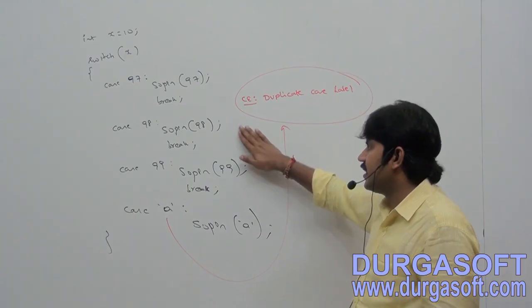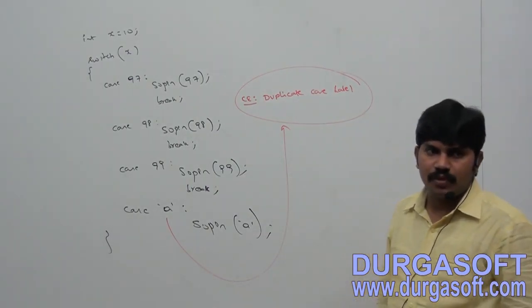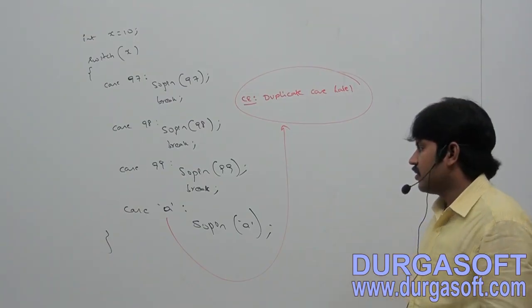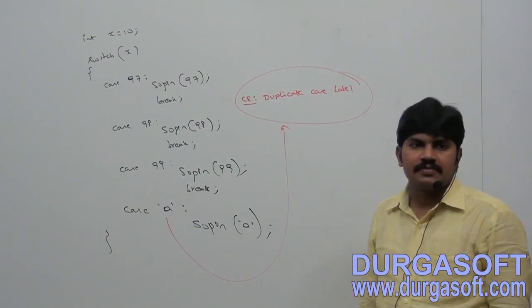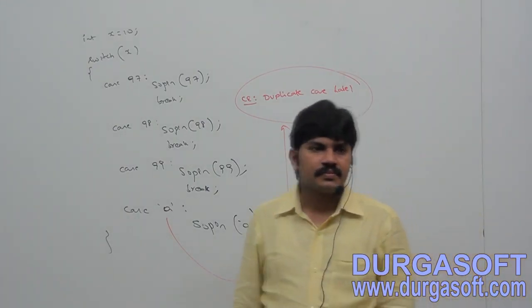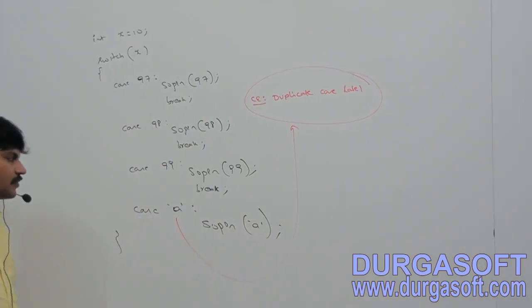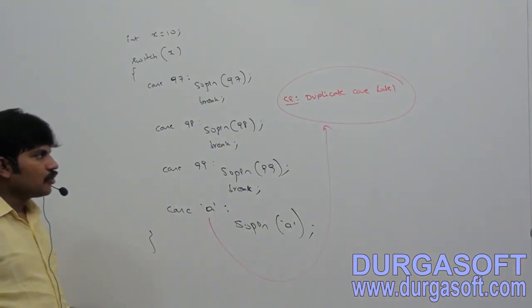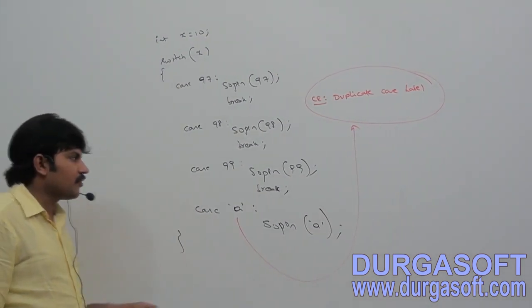Next case 99, SOP of 99, break. Next case 'A', SOP of 'A'. Is it clear for all of you, right? So at case 'A', duplicate case label is the compile time error we are going to get.